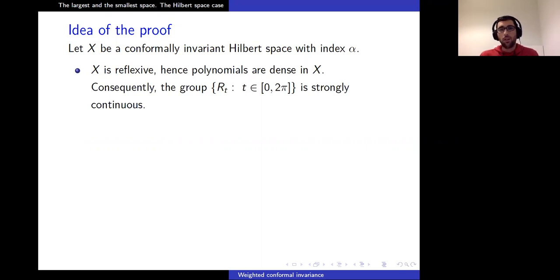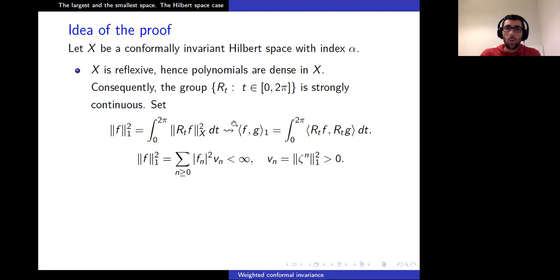So with all this information, we will define this equivalent norm in our space that induces this scalar product. Why do we consider this scalar product? Because the monomials are orthogonal in this scalar product. So we can represent this equivalent norm in this way, in terms of the Taylor coefficients.